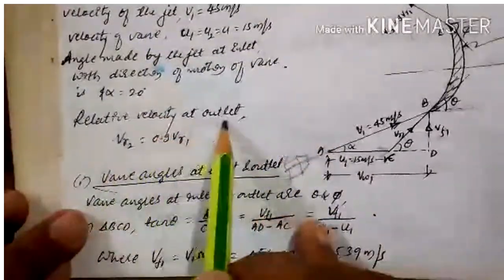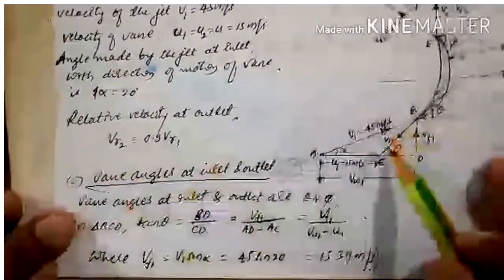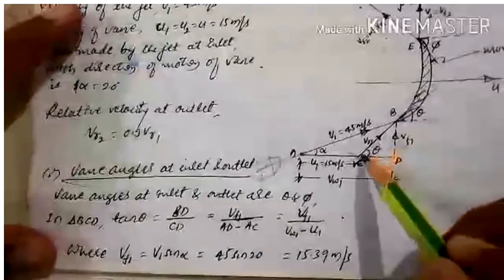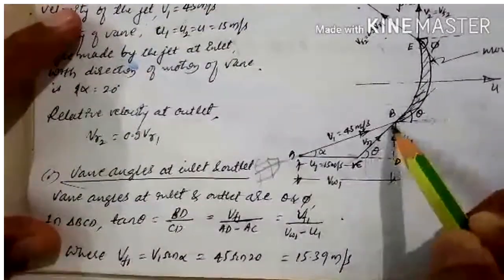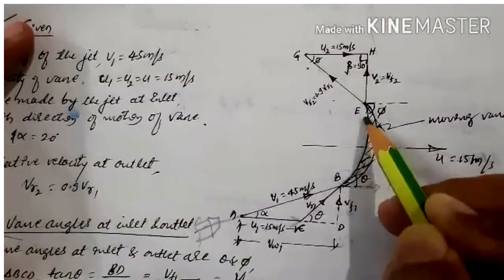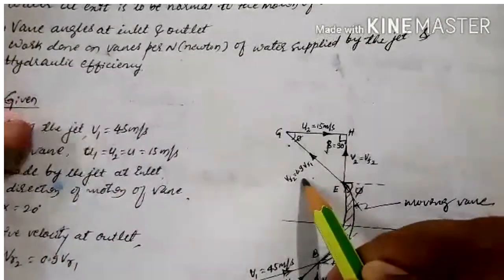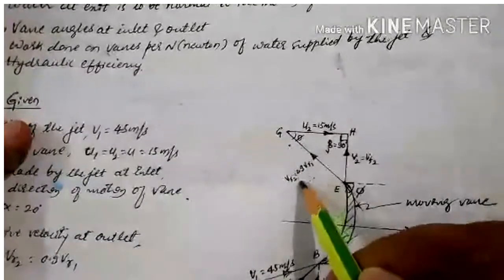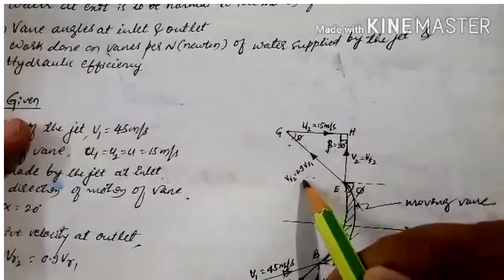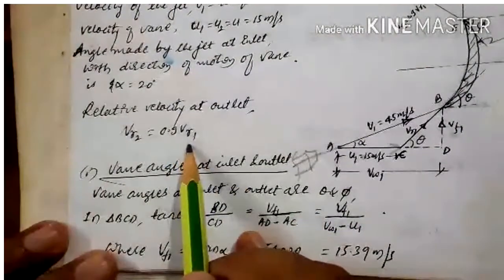Then the relative velocity at outlet: VR1 is the velocity with which the jet strikes at inlet, but when it glides over the surface, because of some losses, at outlet the relative velocity is only 90% of the inlet relative velocity. Hence, VR2 is 0.9 VR1. It is given in the problem.